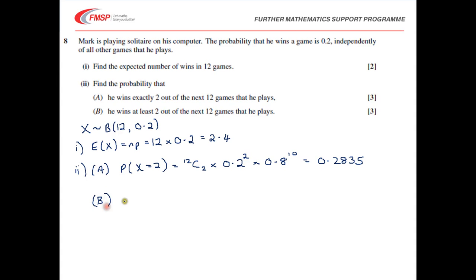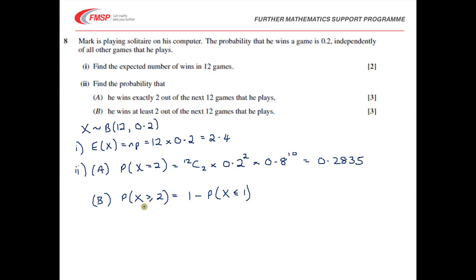And for part B, probability that you win at least 2, so that's probability that X is greater than or equal to 2, is 1 minus the probability that X is less than or equal to 1. Stop and check that we've got that right.